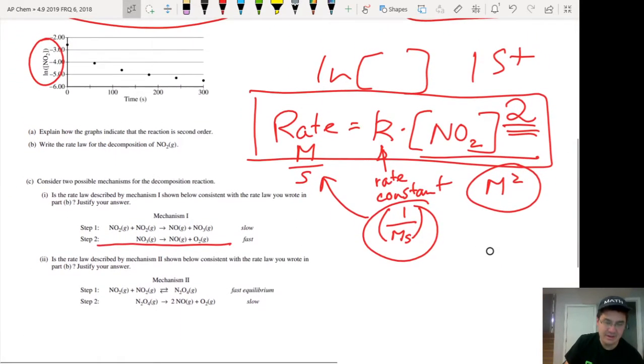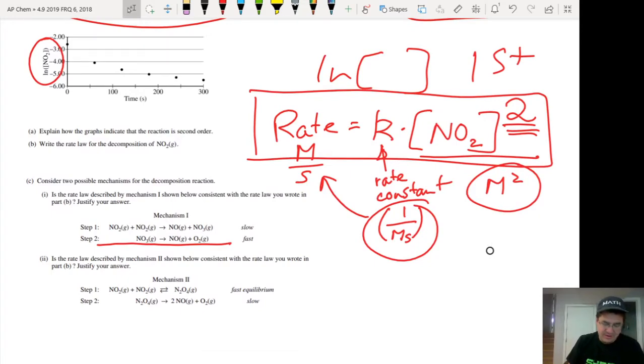So here in reaction mechanism 1, you see how on the left I end up with 2 NO2s. Also comparing it to the right, the NO3s cancel.